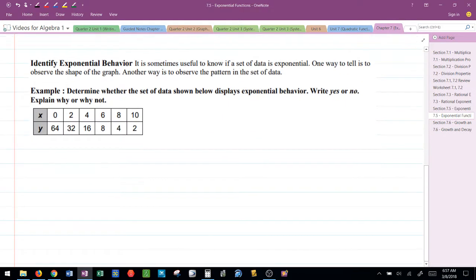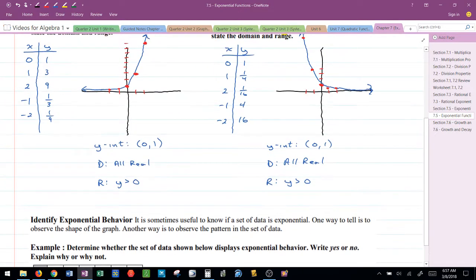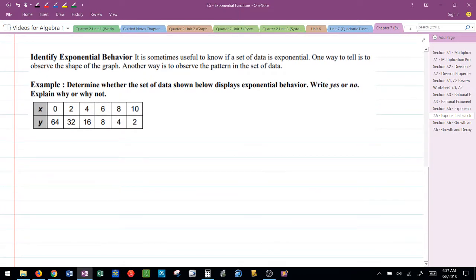All right, so the second thing in this lesson that we want to be able to do is to be able to look at a set of points. Now, they have these points organized horizontally. I did my points up here vertically. Whether it's vertical or horizontal, it doesn't matter. What you want to do is you want to look at the pattern that y is telling you.